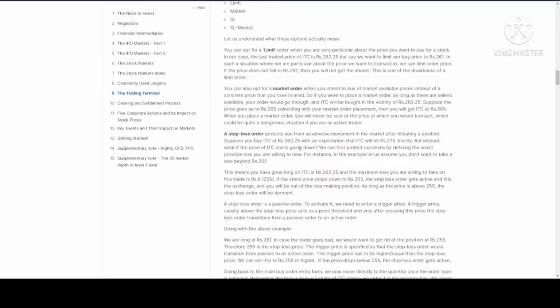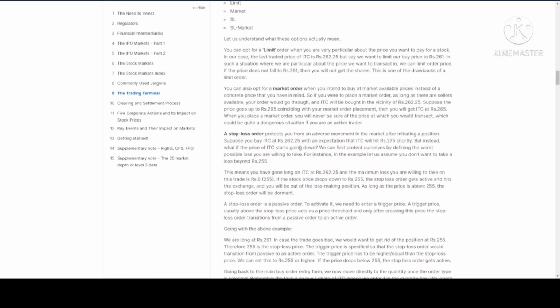We can first protect ourselves by defining the worst possible loss you are willing to take. For instance, in the example, let us assume you don't want to take a loss beyond rupees 255. This means you have gone long on ITC at rupees 262.25, and the maximum loss you are willing to take on this trade is rupees 6.